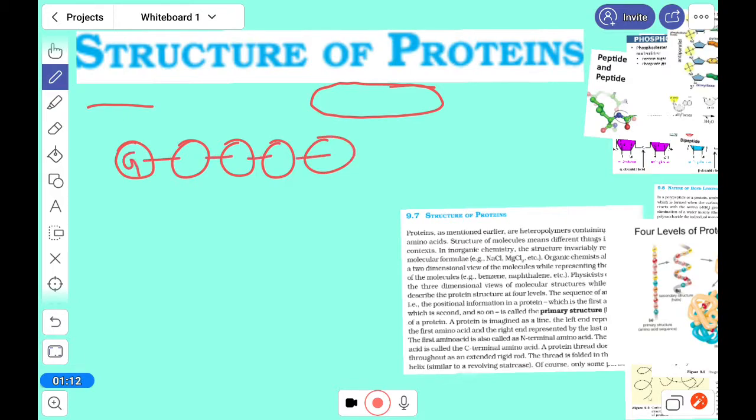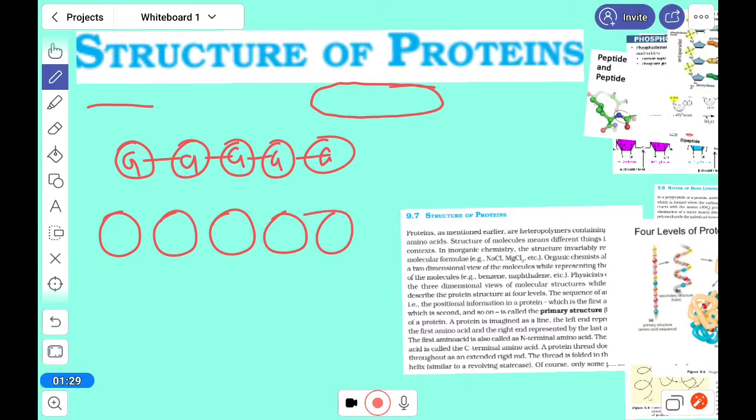Suppose this is the glucose. We saw earlier in case of starch, but in protein, here also the polymer, here also the chain of amino acid, but these amino acids are not always the same.